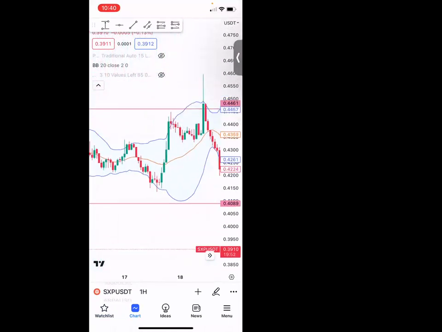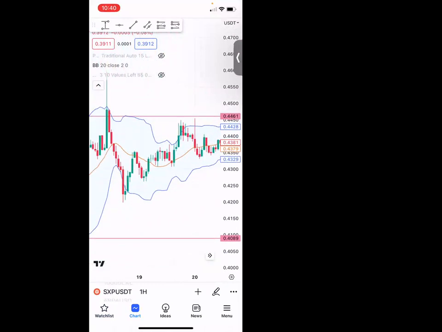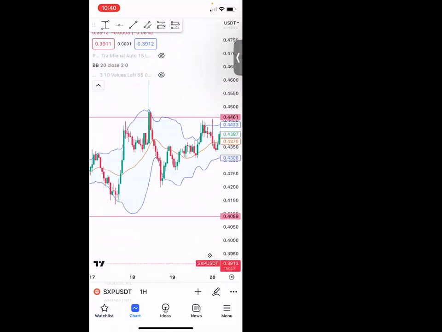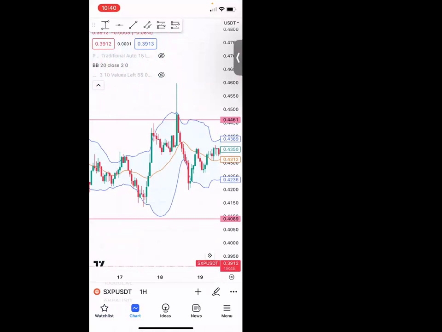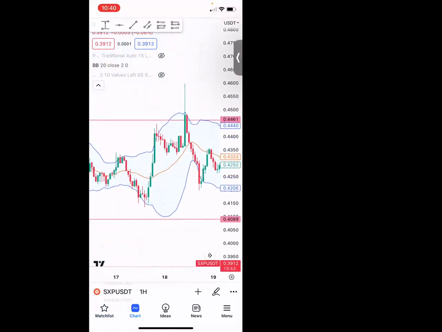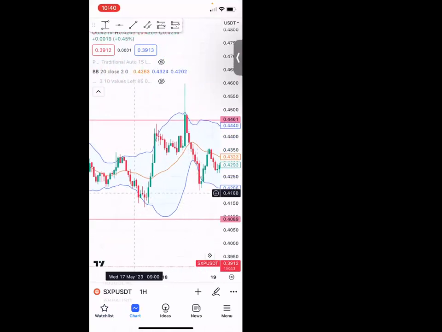Okay, I'm looking at the 1 hour chart. Are you getting me? So where would we get some good trades? Good trades will be here. I think there was an opportunity here. Just wait until we come back to the lower band, and then we get a green candle showing that we're going up.